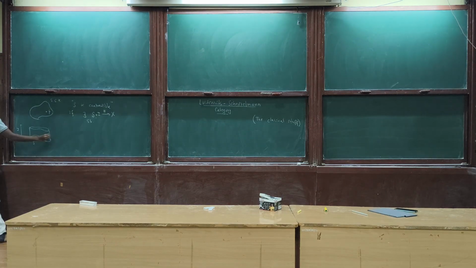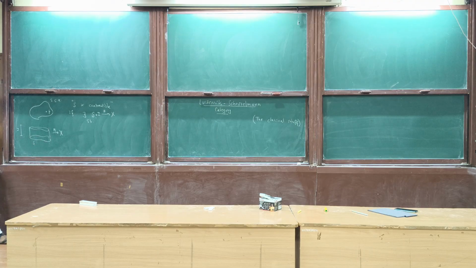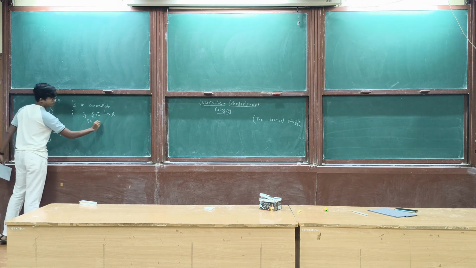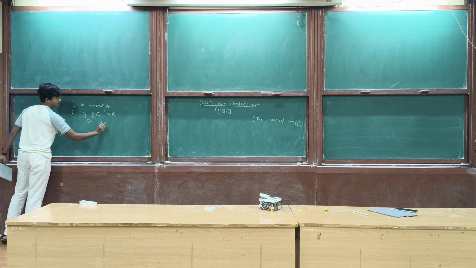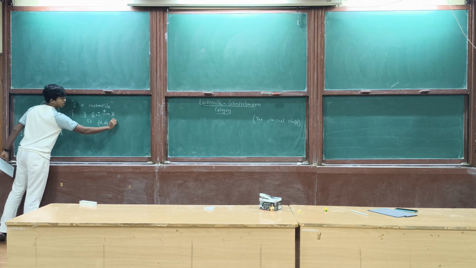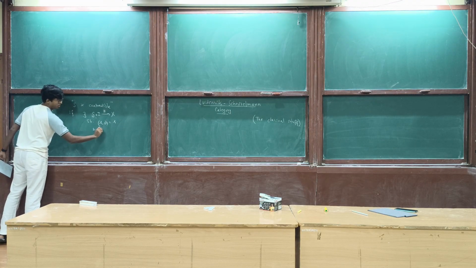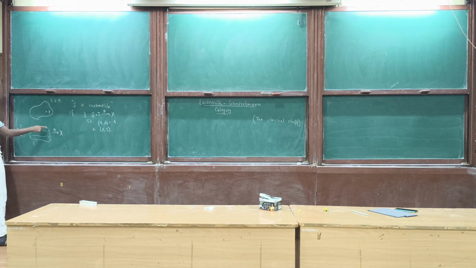So I'm saying that there exists a map H such that in the bottom part it's the identity. So any point in the bottom part of the cylinder you have the identity, and the top part of the cylinder gets squeezed to a point.